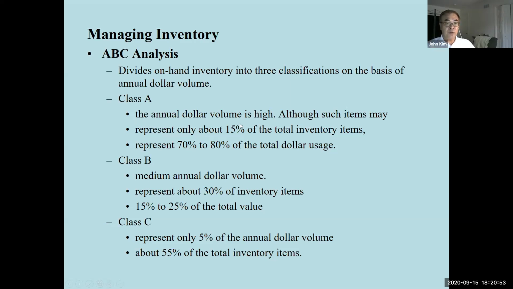This is based on annual dollar value. For example, in an automobile company, an engine has a high value. Then the door panel, the instrument panel, and so on are of middle value.